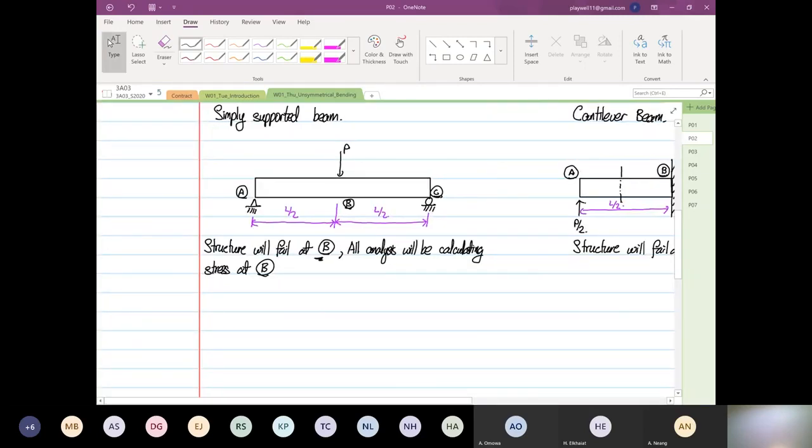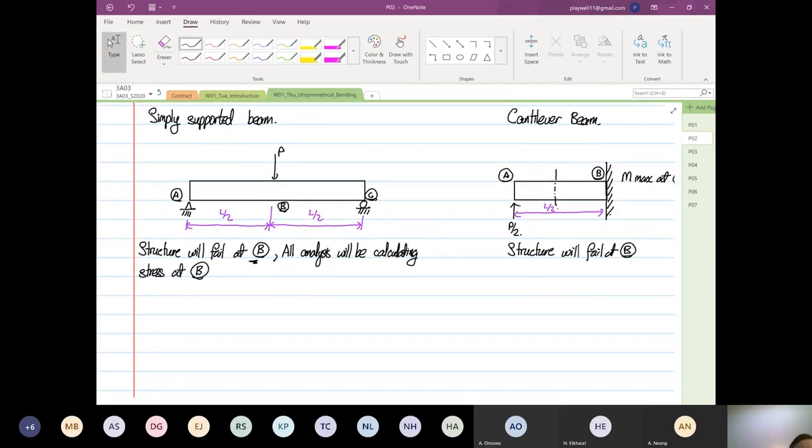Okay, so what we're going to do now is prove mathematically why this is the fact, and why a simply supported beam, given the loading that we have seen, is equivalent to a cantilever beam.